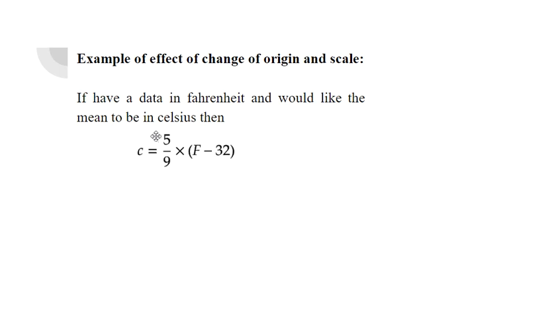Why is this Fahrenheit to Celsius example suitable for effect of change of origin and scale? Because here we have done both operations: multiplication, that is we have changed the scale, and subtraction, that is we have shifted the origin. That's why this example is suitable for effect of change of origin and scale.